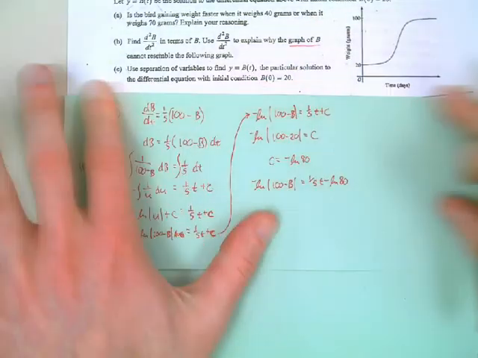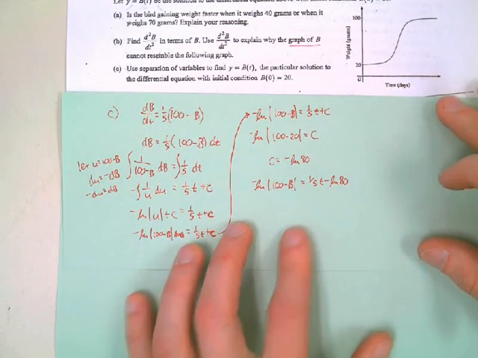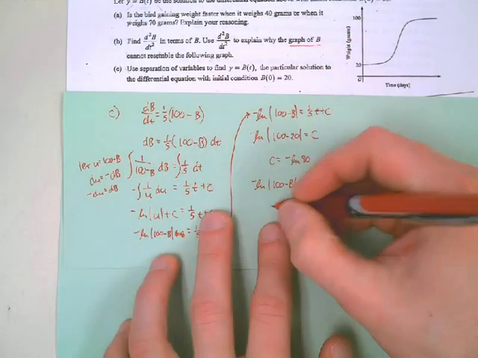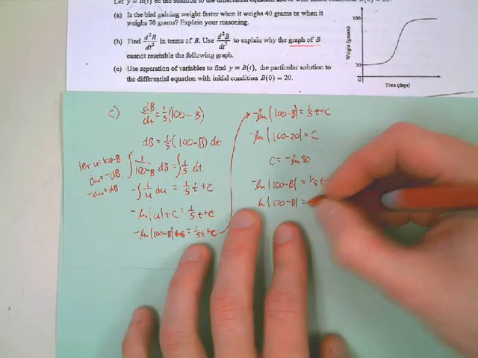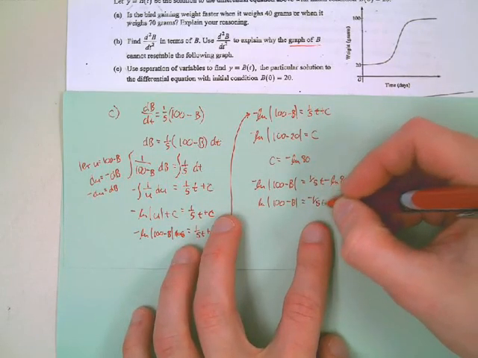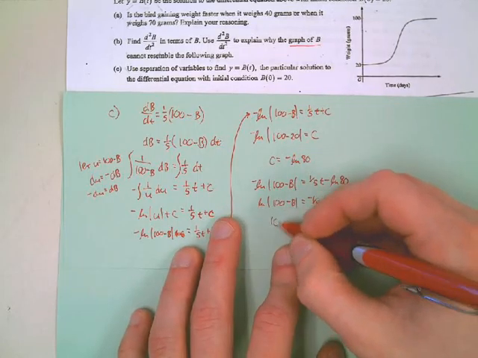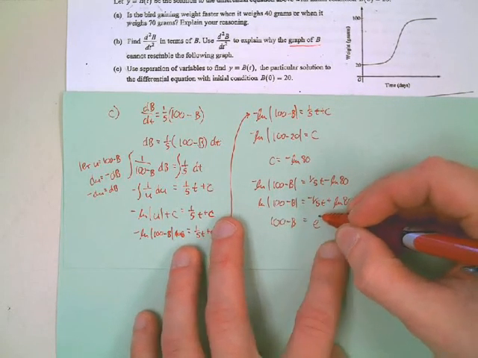So anyway, let's first take care of this negative. Let's multiply both sides by -1. Something for us to do on next Monday. Okay, and then e both sides. So that's going to give us 100 minus b on the left-hand side here, and it's going to be e to the -1/5 t plus natural log of 80.